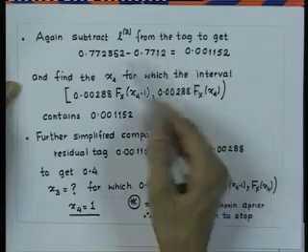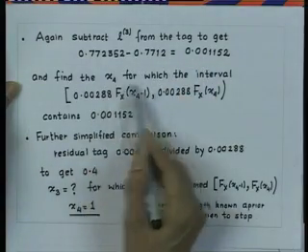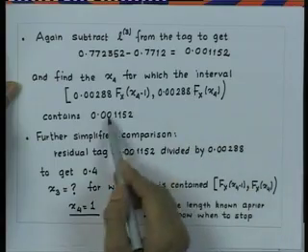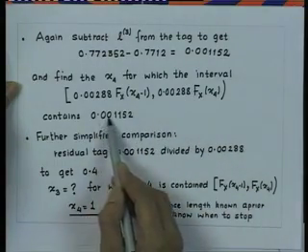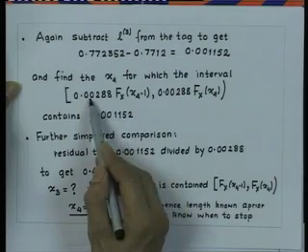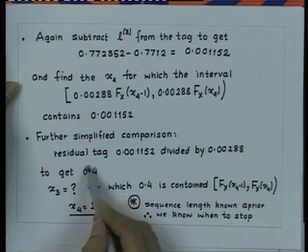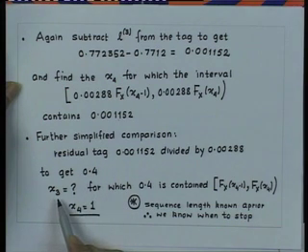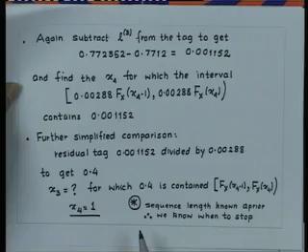I also subtract it from my L4 and U4, and then find the x4 for which the interval is this. Further simplification is by dividing 0.001152 by 0.00288. So, I get 0.4. So, I have to find out x4 for which 0.4 is contained in this, and if you do that, you find x4 is equal to 1.